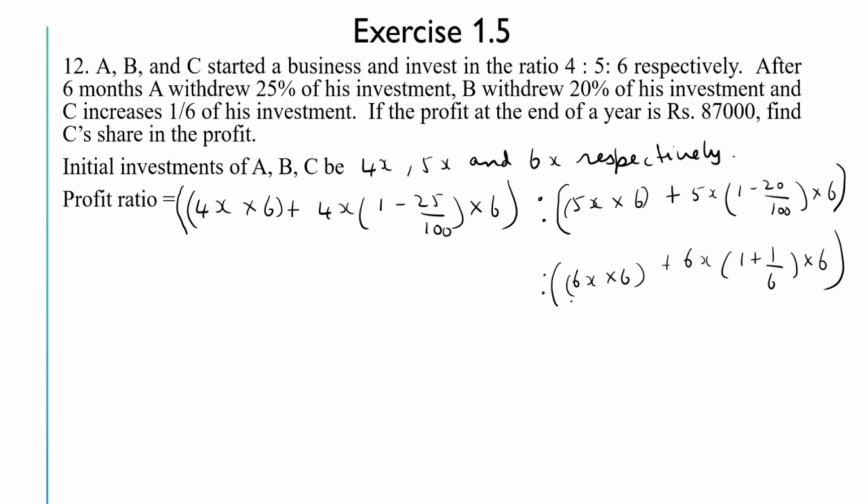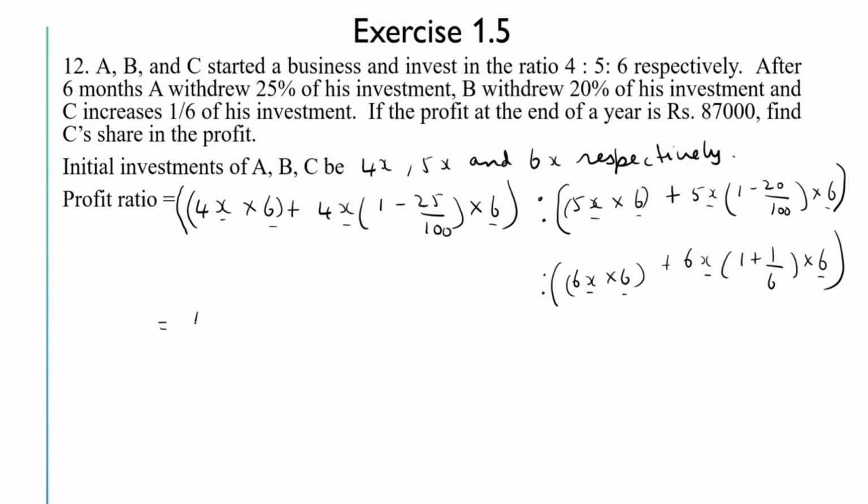So this is what has happened in the case of A, B and C. Let us divide by 6 and x so that all these terms will go. It will be easy for us to simplify.